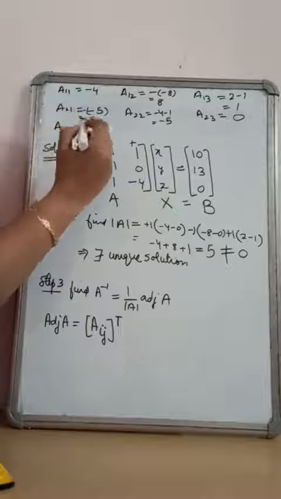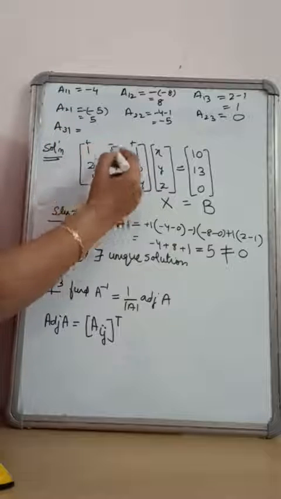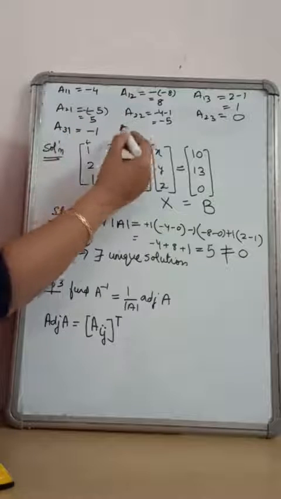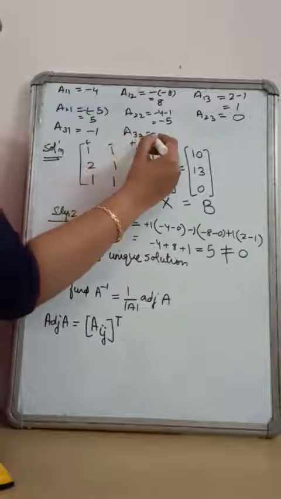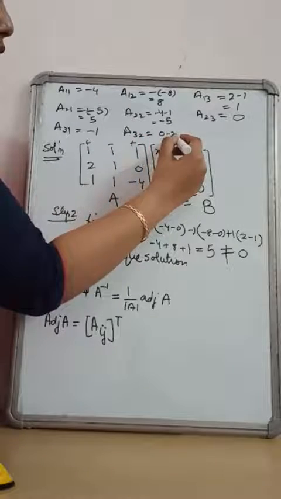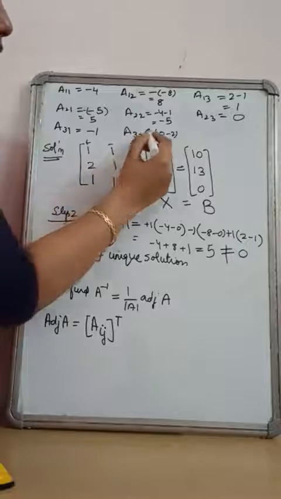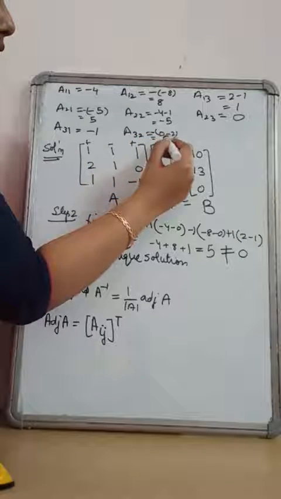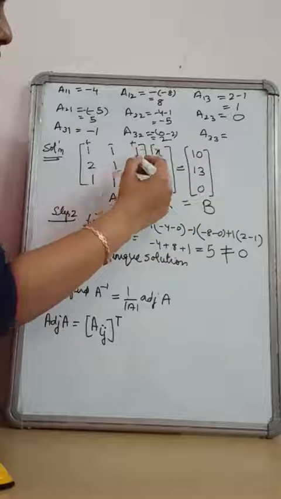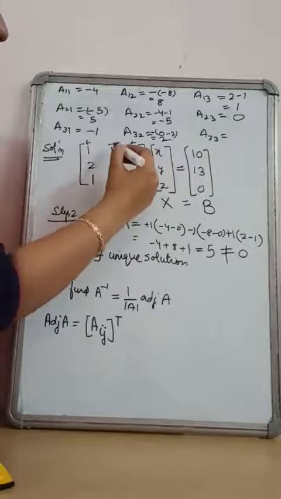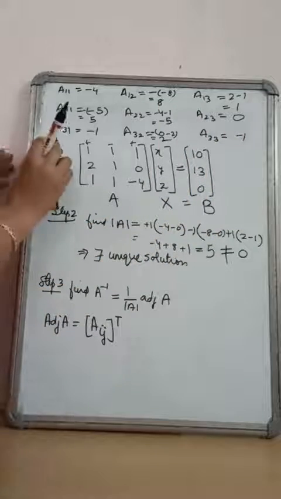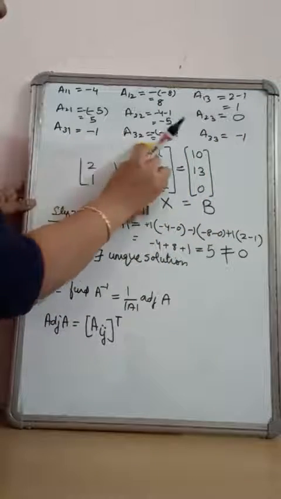So A31, third row, first column, 0 minus 1, that goes to minus 1. Even, so sign will remain same. A32, third row, second column, 0 minus 2, but it is odd, so we put a minus sign. Minus 2 that goes to 2, and last is A33, third row, third column, 1 minus 2, minus 1. Even, so the sign will remain same. So we have obtained our cofactors.